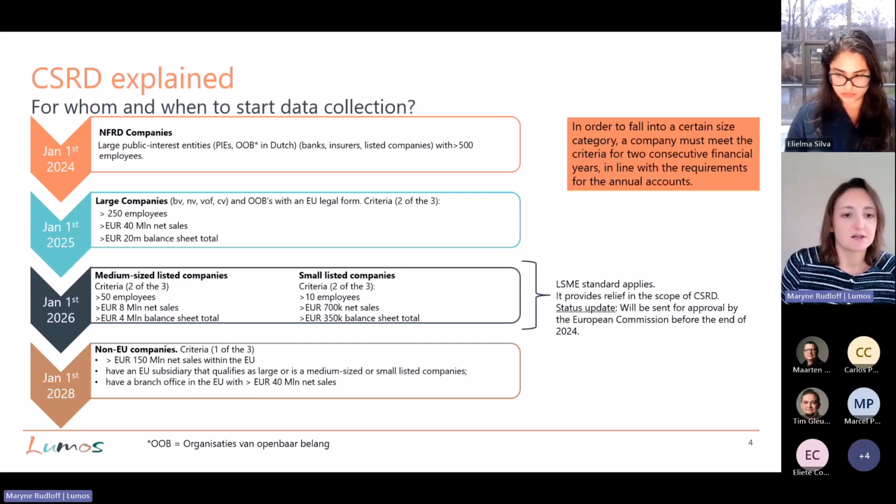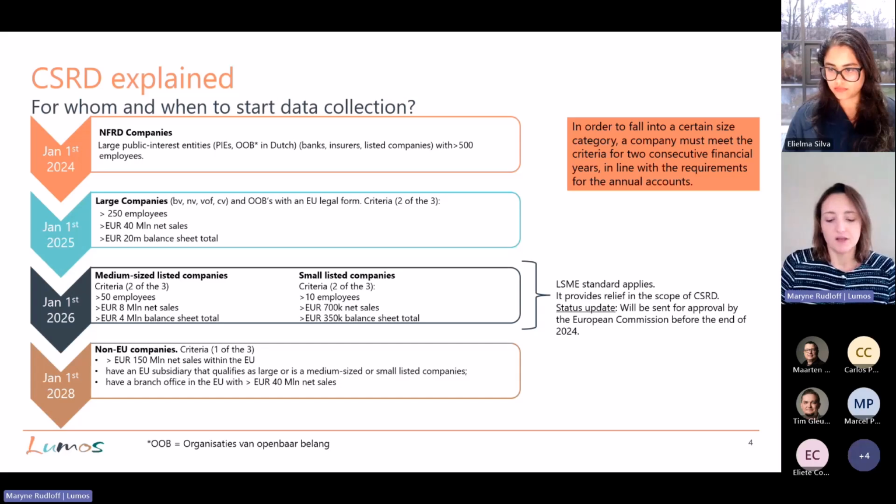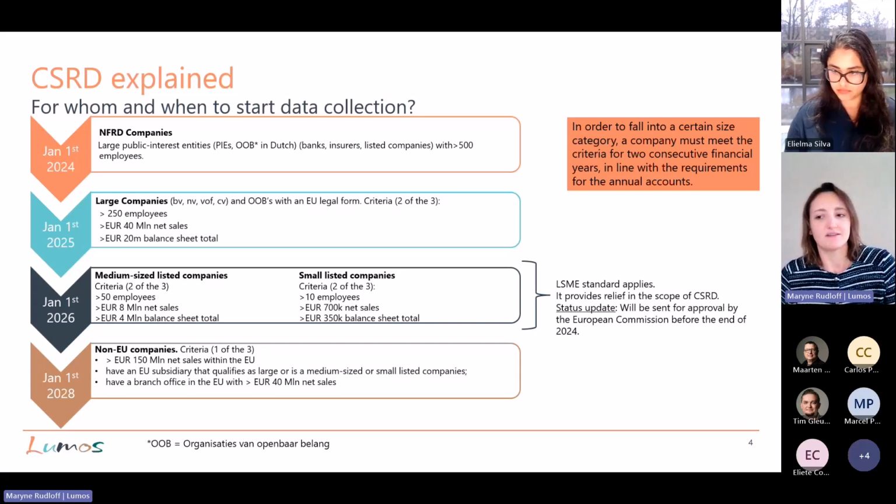The dates that I put here are actually a bit different than what you might hear, because normally you hear, okay, you need to report in 2026. But what companies often forget is that they need to report in 2026 with the data of the year before, obviously, because it's part of the annual report.